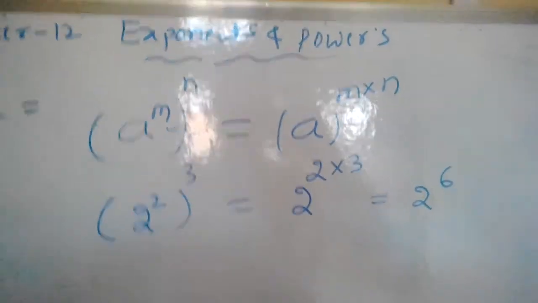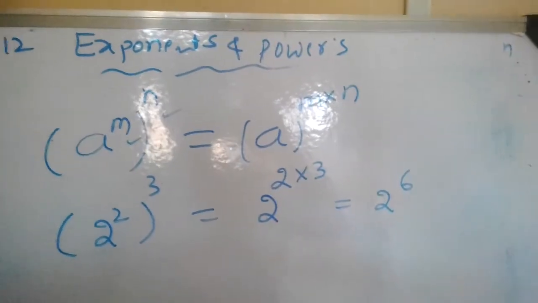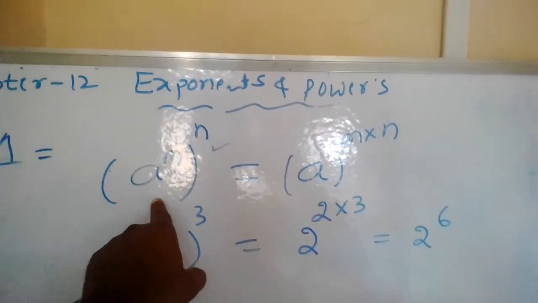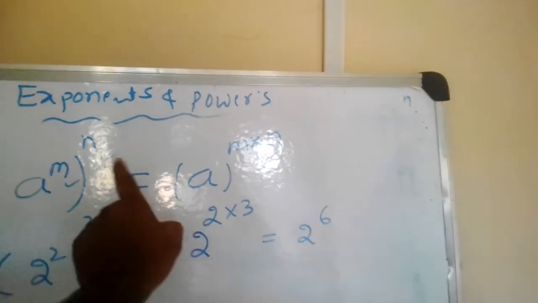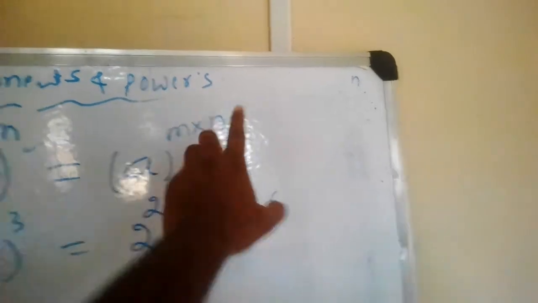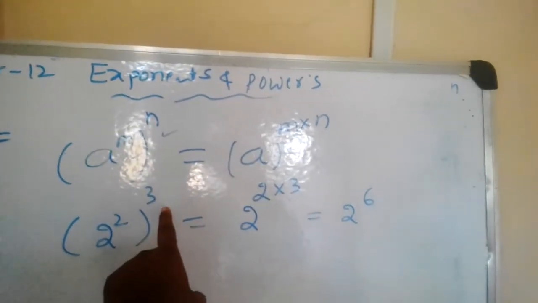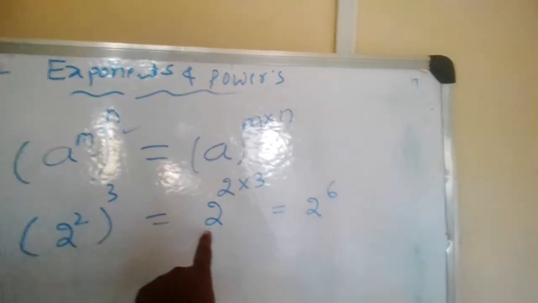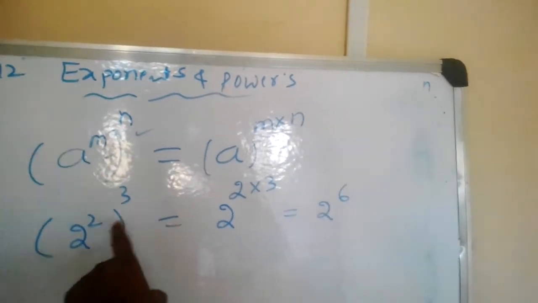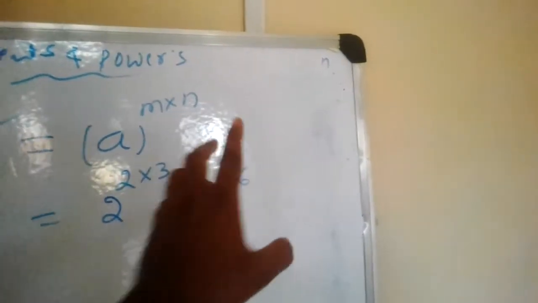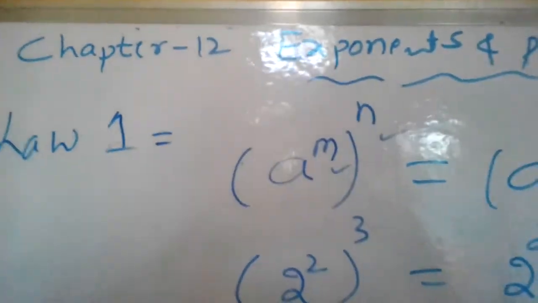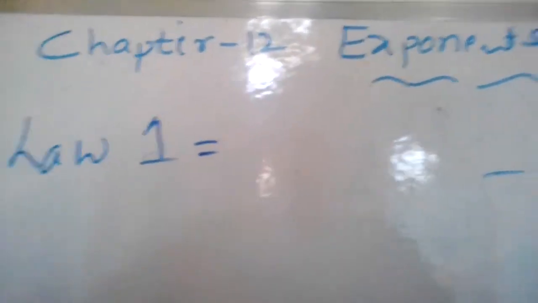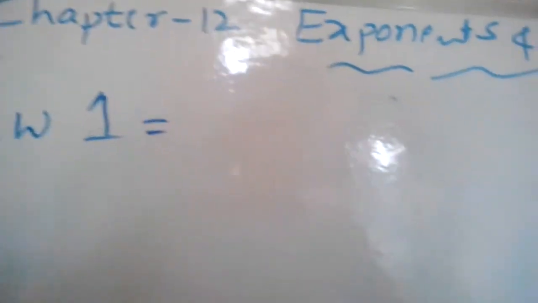A to the power of m is raised with another power n, keep a as it is, then multiply their powers, m into n. 2 square raised with the power 3, keep 2 as it is and multiply their powers, 2 raised to 6. Got it?